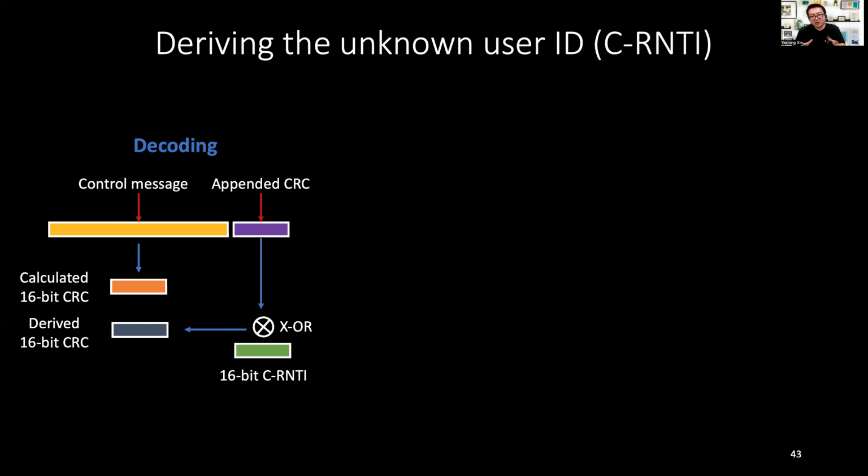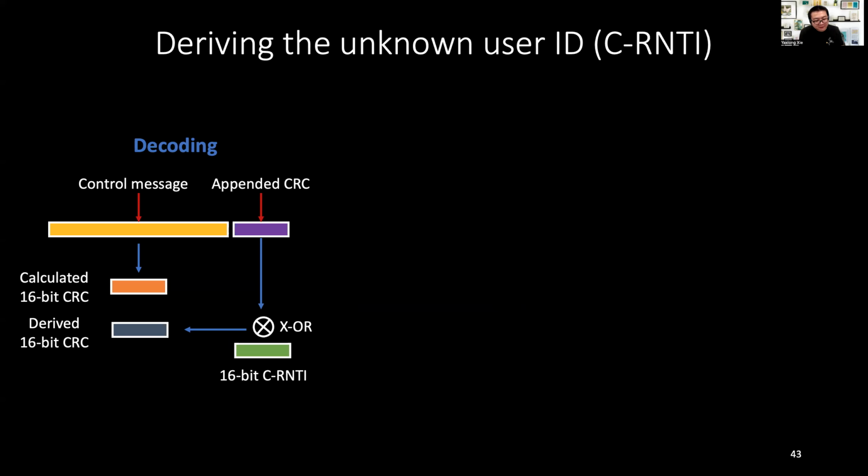And we also need to derive the C-RNTI of the users, right? Actually, we derive the C-RNTI like this. When the user performs the decoding, it will XOR the appended CRC with the C-RNTI of the user to get the derived CRC.